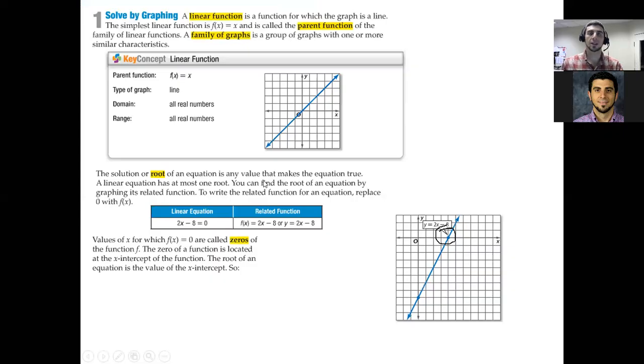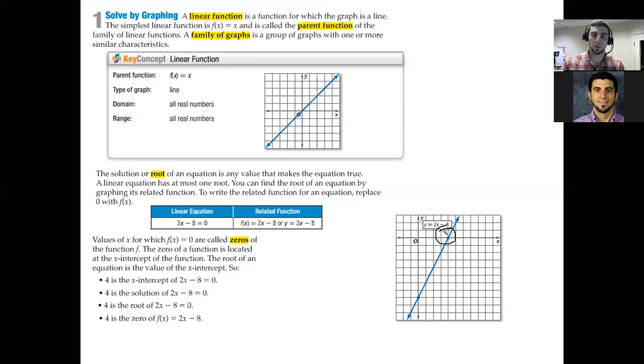So I just said root, zero, x-intercept, and solution. 4 is the x-intercept of 2x minus 8. 4 is the solution of the equation 2x minus 8 equals 0. 4 is the root of the equation 2x minus 8 equals 0. And 4 is the zero of the related function f of x equals 2x minus 8.